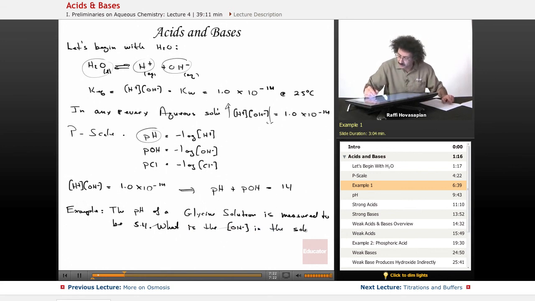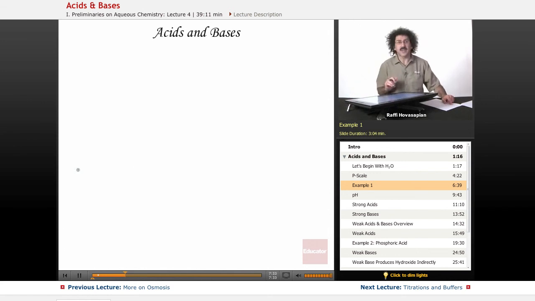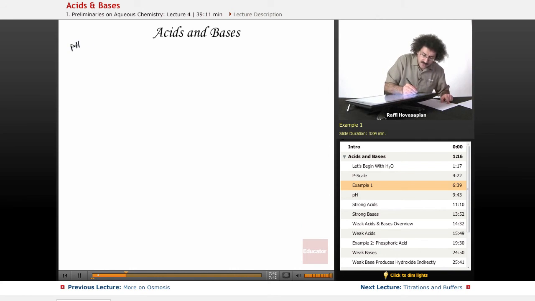Okay. Well, nice and easy. We just use this right here. That's our basic relation. So if the pH of our solution is equal to 5.4, well, that implies that 5.4 equals negative log of the hydrogen ion concentration. That's the definition, right?